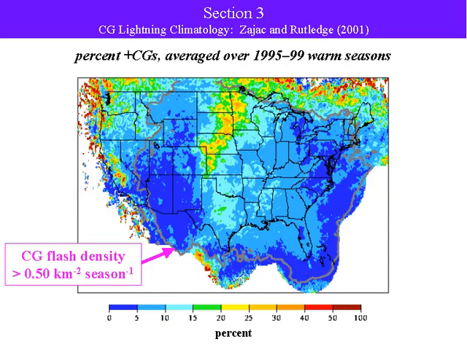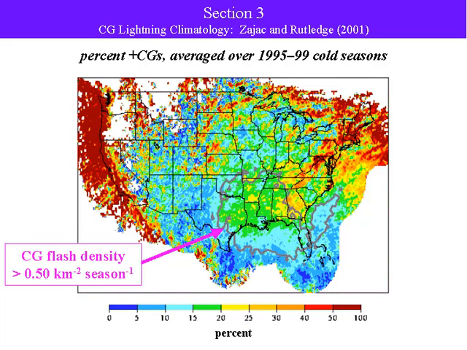Now, if we look at the winter season, that's the months October and then across the winter through March, we see that the area that has a reasonable strike density has shrunk up a lot. It covers only about one half of the southeastern United States. But a really important difference is shown here by the percentage of the cloud-to-ground strikes that are positive.